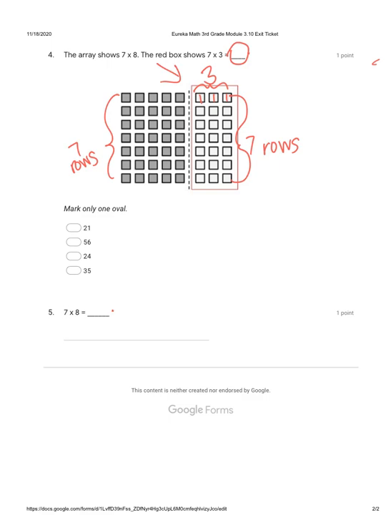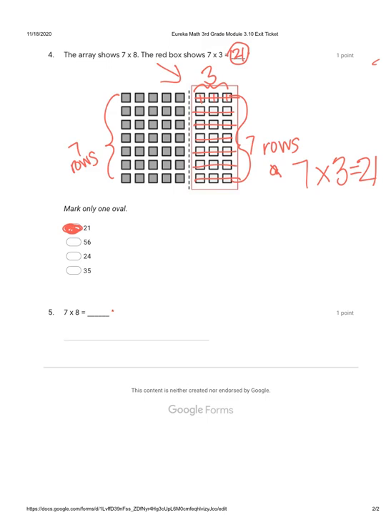All right, so this is 7 times 3, and then we got to count them up. So if we didn't know the answer, we could count by 3s. 3, 6, 9, 12, 15, 18, 21. 7 times 3 is 21. So that's our answer.